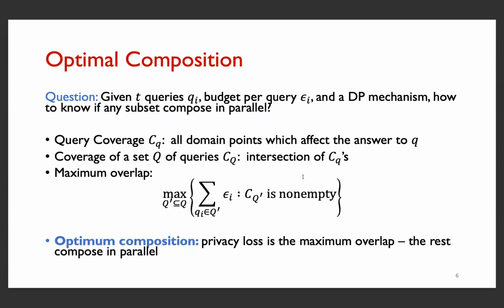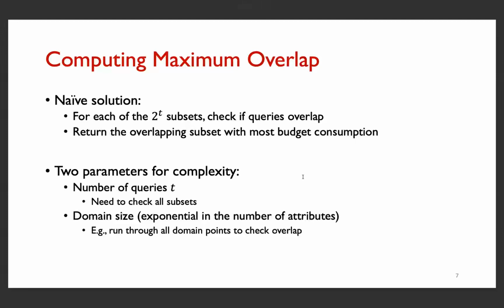So optimal composition would then be related to the maximum overlap in the sense that the privacy loss would be exactly the maximum overlap, and the rest of the queries will be composing in parallel. So how do we compute that? A naive solution would look at all the possible subsets of queries to check if they overlap. And there are two different parameters which affect the complexity.